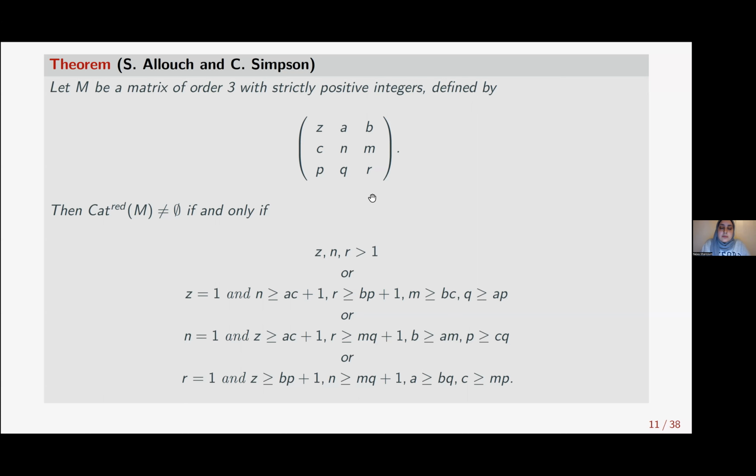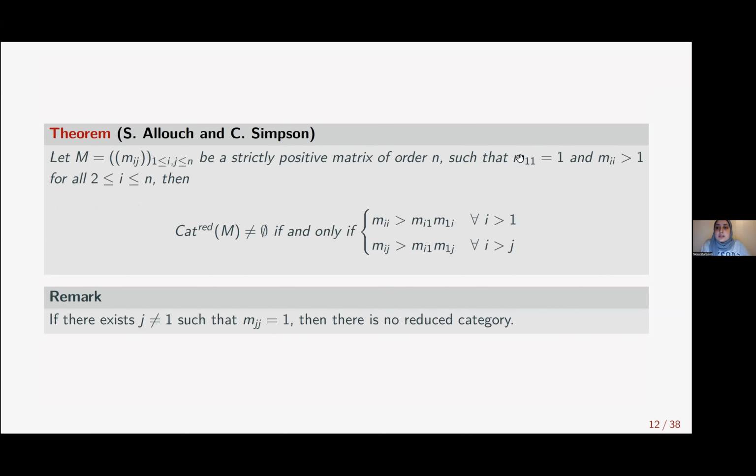And for the general matrix, if I have a strictly positive matrix of order n, such that the first diagonal entry is 1, but all the other diagonals are not 1, then it admits a category if we take every submatrix of size 2 and do the determinant thing, and it should work. But if we have another diagonal that is different from the first one and it is equal to 1, then there is no reduced category. And this is always because of the previous example.